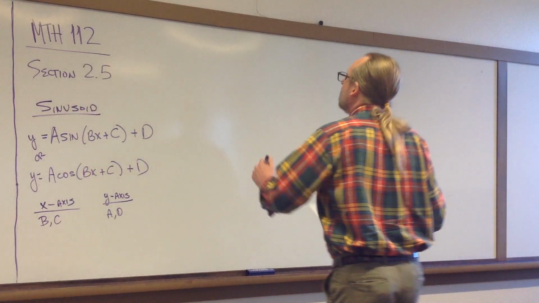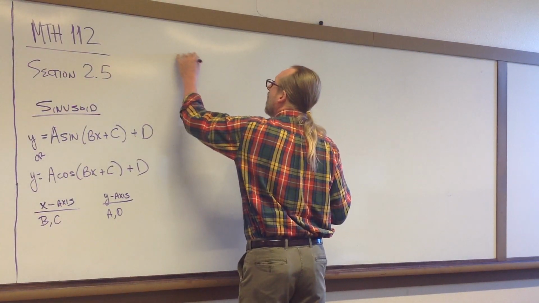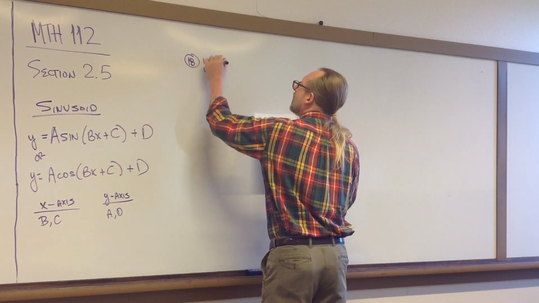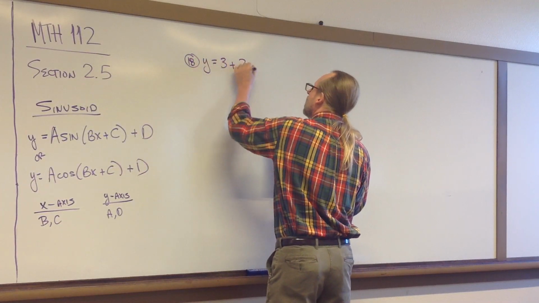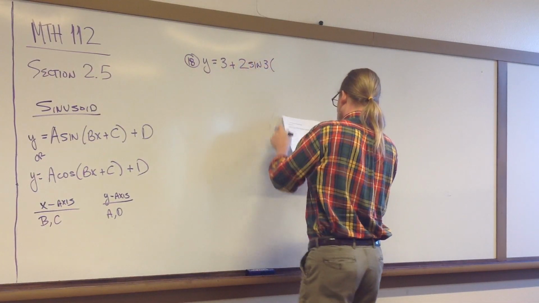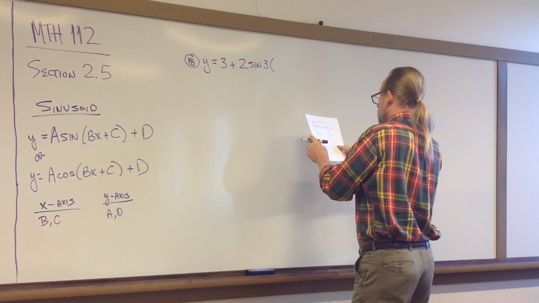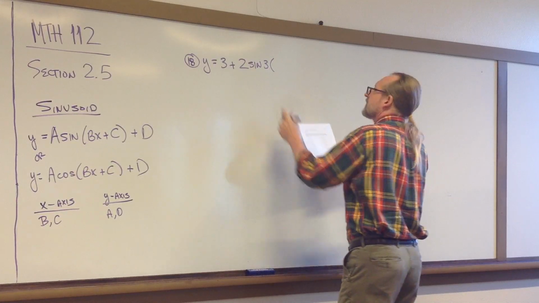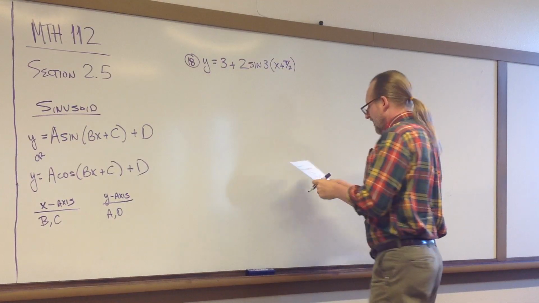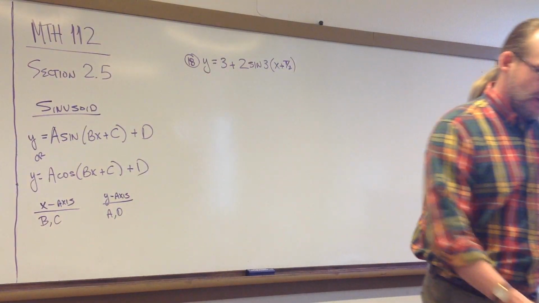Problem 18. Now this one is kind of jam-packed with everything. 3 plus 2 times the sine of 3 x plus pi over 2. And again, notice that the value of b has been factored out of the parentheses.